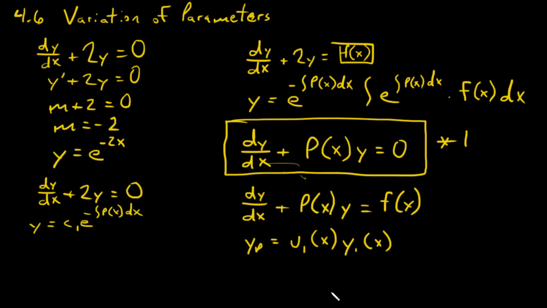Now, remember this is star 1, and we're going to start with this when I clear the space. So clear this. Let me write that again. We're going to have y sub p equal to u of x times y1 of x. Now, did I say u of x? I meant u1 of x. Alrighty. So y sub p is equal to u1 y1.